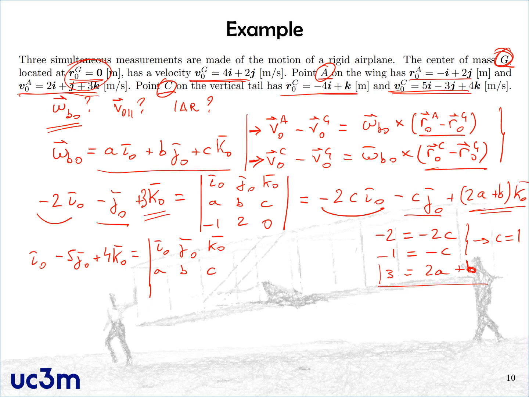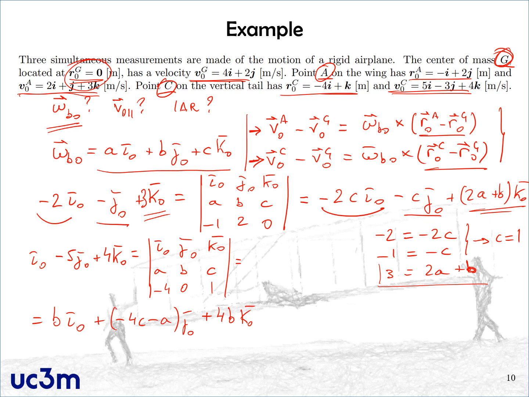Again, the position of G is 0, so we just have minus 4, 0, 1. Okay, so if we solve for this determinant, we will find b i0. Okay, then we have 2 terms for j0, so that is (minus 4c minus a) j0. And finally, we have 4b k0. Okay, so there you go.